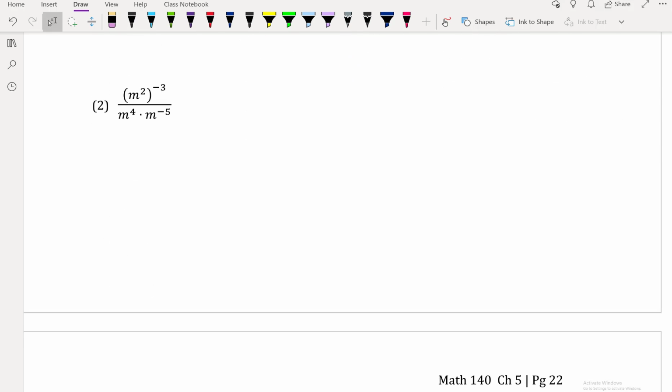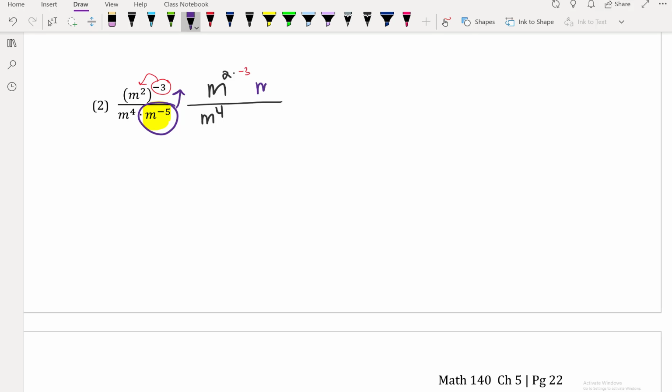Now let's look at number 2. Here you can see that this negative 3 only goes to the 2, so you want to be careful about that. Up on top I have m to the 2 that's being multiplied by negative 3. I also have this m to the 4th power. And oh no, I have a negative exponent. It's sad, it's unhappy, so you move it to the opposite side to make it happy.